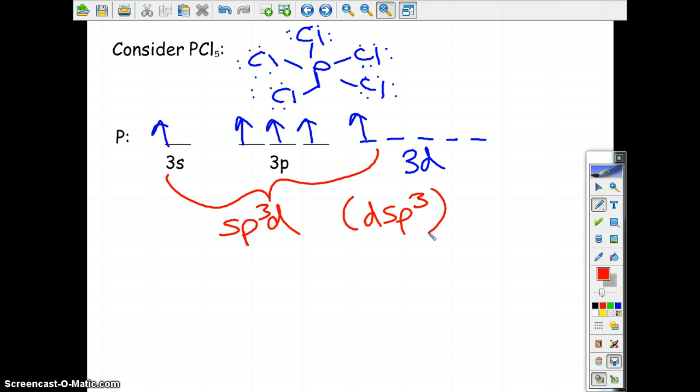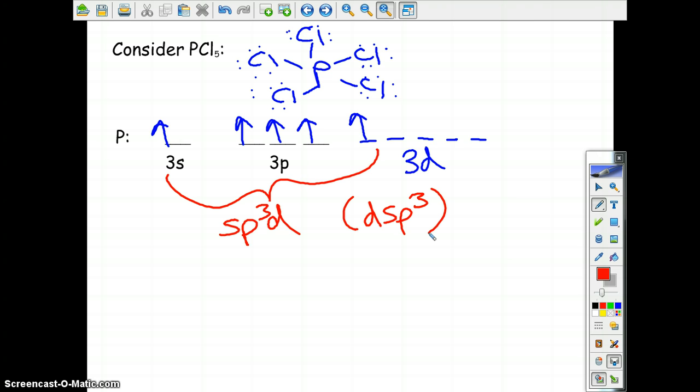Now, are you going to have to draw this out for every molecule to determine its hybridization? No, you are not. There's an easy way to do it. What you do is you look at the center atom and you count the number of pairs, bonded and unshared. And then the powers of the hybridization have to add up to that.